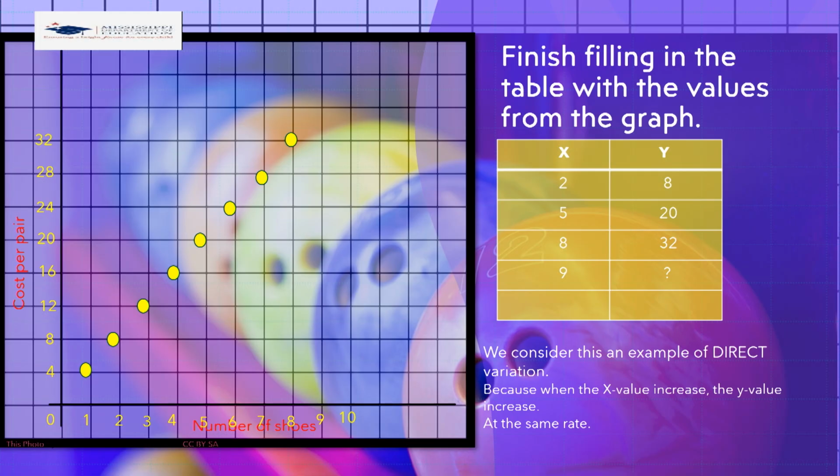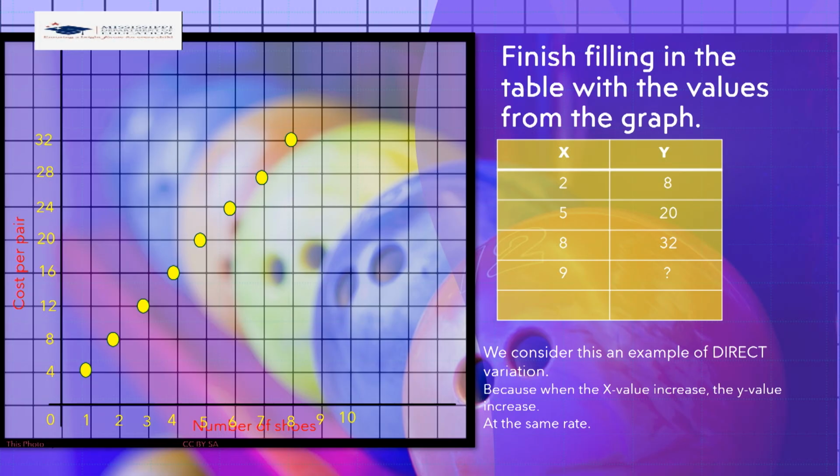Now it says, finish filling in the table with the values from the graph. Now when we look at this graph, I have 1, 4, which is 1 pair of shoes, $4, 2 pair of shoes, $8, 3, 12, 4, 16, and so forth. So we see that every time we go up $4, we go over a pair of shoes.